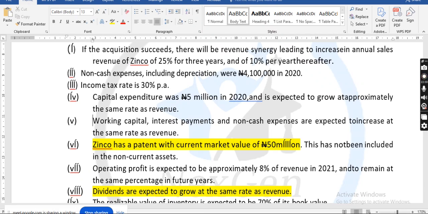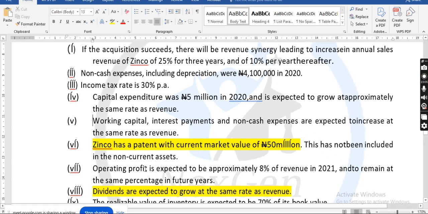Can you see it? Working capital, interest, and non-cash expenses are expected to increase at the same rate as the revenue, which means that the interest, working capital, and non-cash expenses, depreciation, will also increase.